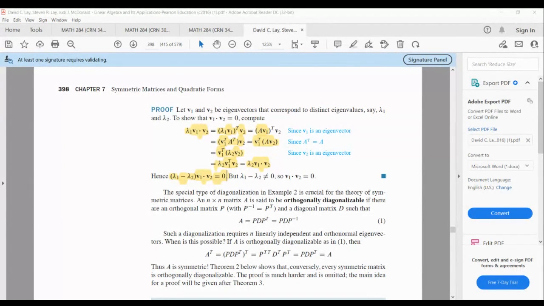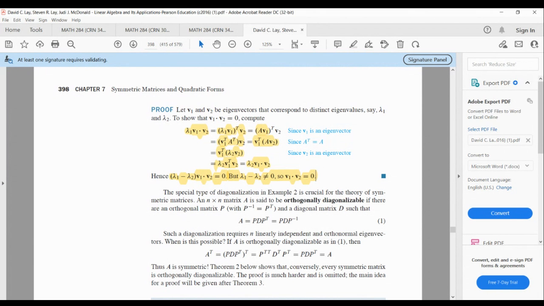But we assumed that lambda 1 was not equal to lambda 2. And so because of that, the dot product must be 0, so the vectors V1 and V2, those eigenvectors from different eigenspaces, are orthogonal.